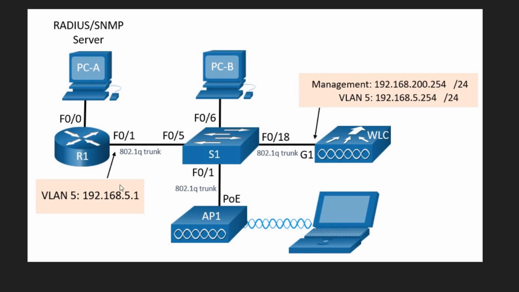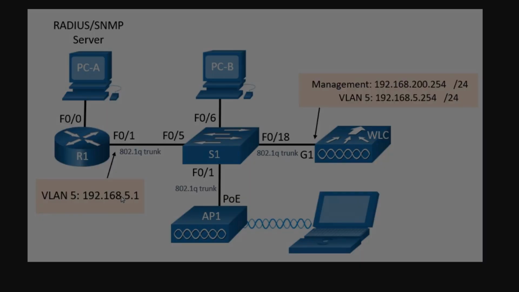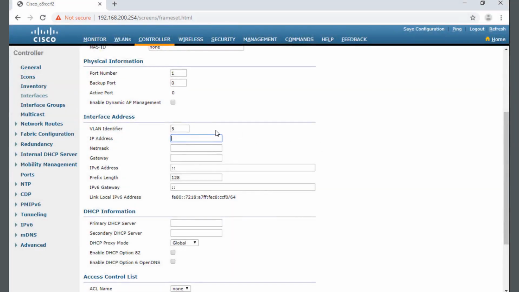And the router will be using 192.168.5.1. So on the wireless LAN controller, I will put in the IP address of 192.168.5.254. That net mask or subnet mask is a /24, which is a class C. The gateway is going to be the router's IP address, which is the exit point for the VLAN 5 network. So I'll put in 5.1 for the router.